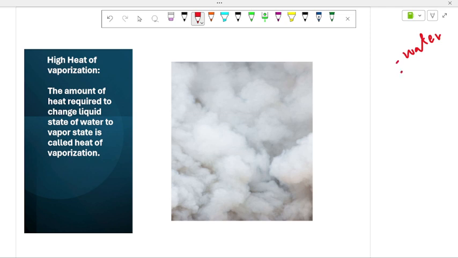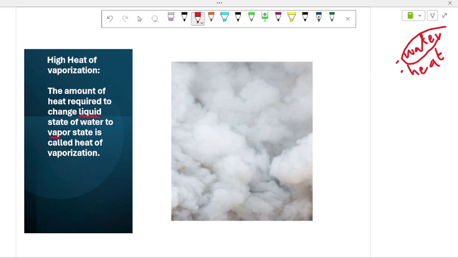And we saw this water molecule is changing its state from liquid state to vapor state.